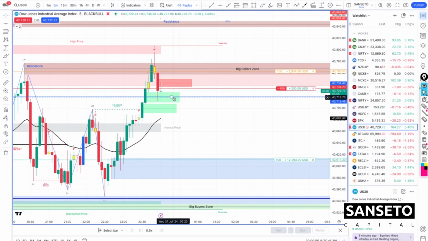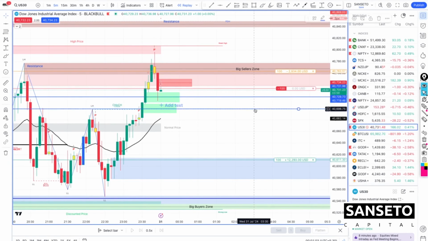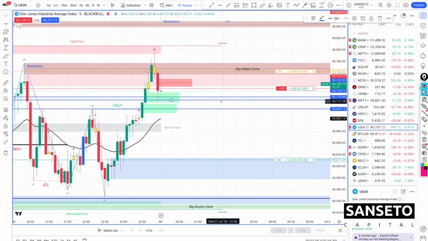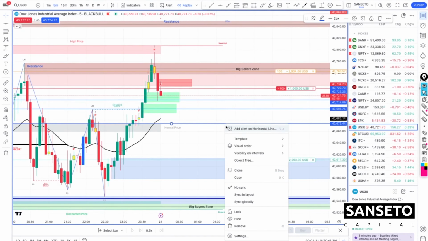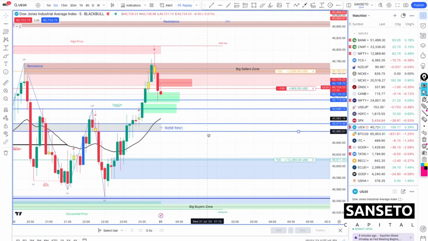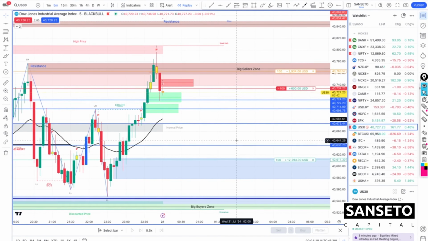Our second target is this mid. The third target is this normal price, and the fourth target is this buyer zone, this change of character, and this is our fifth target.